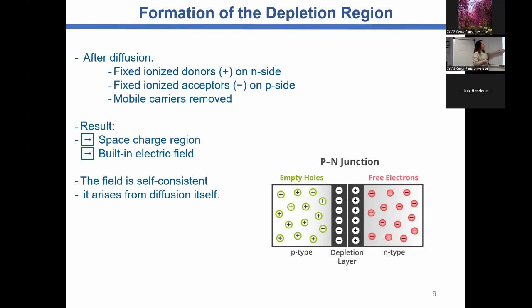The field is self-consistent, so it means that the field is created without any electrical field coming from outside the material. It's just from the material properties, and it arises from the diffusion itself.